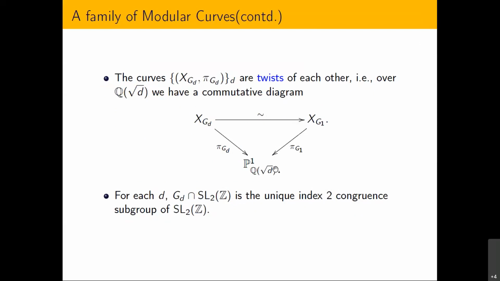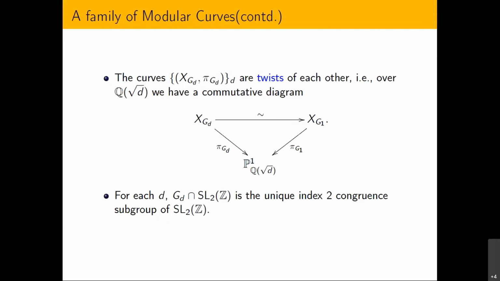And for each d, if I look at the congruence subgroup G_d intersected with SL_2(Z), I get a unique index 2 congruence subgroup every time. So all these G_d are coming from the same congruence subgroup. And this is the idea which I will exploit in giving my classification.